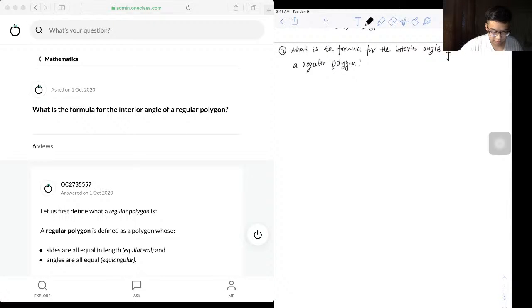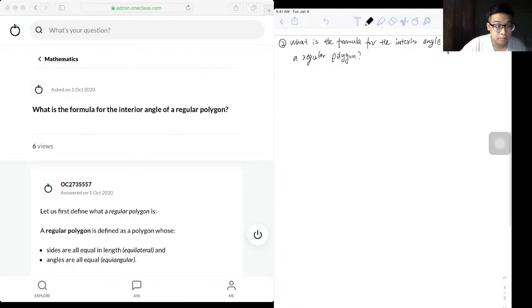I'll be drawing some diagrams first. So let's start with a triangle. For a triangle, the sum of the interior angles will be 180 degrees.